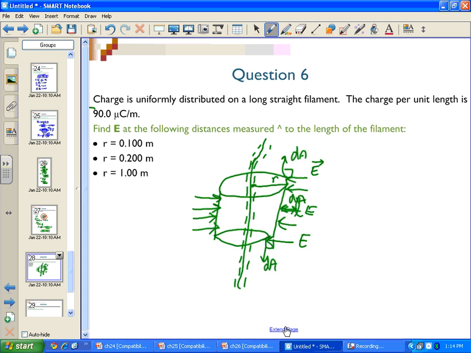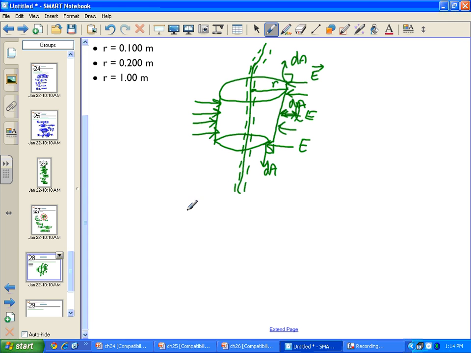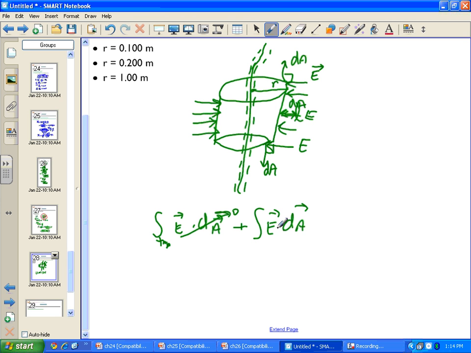So essentially, when we use Gauss's law, we are going to have a contribution from the top, E dot dA. That's going to drop off to 0. A contribution from the bottom, E dot dA. That's going to drop off to 0.